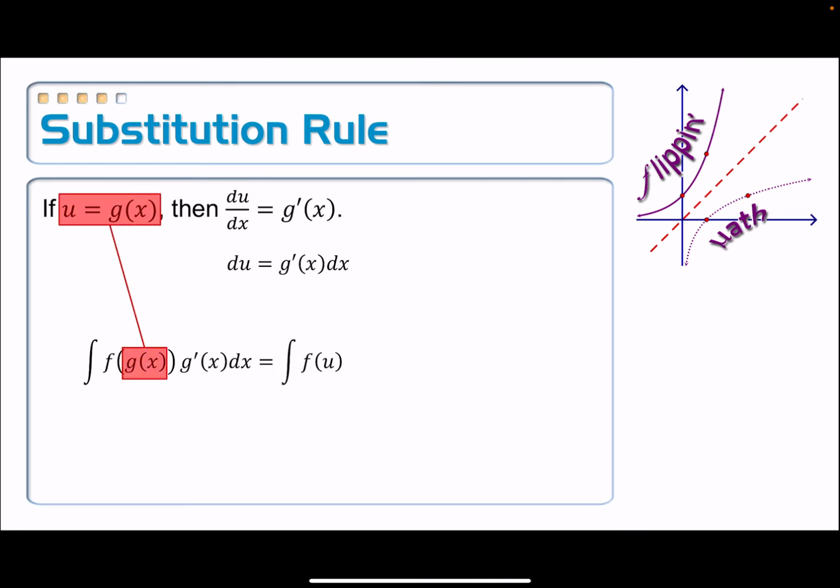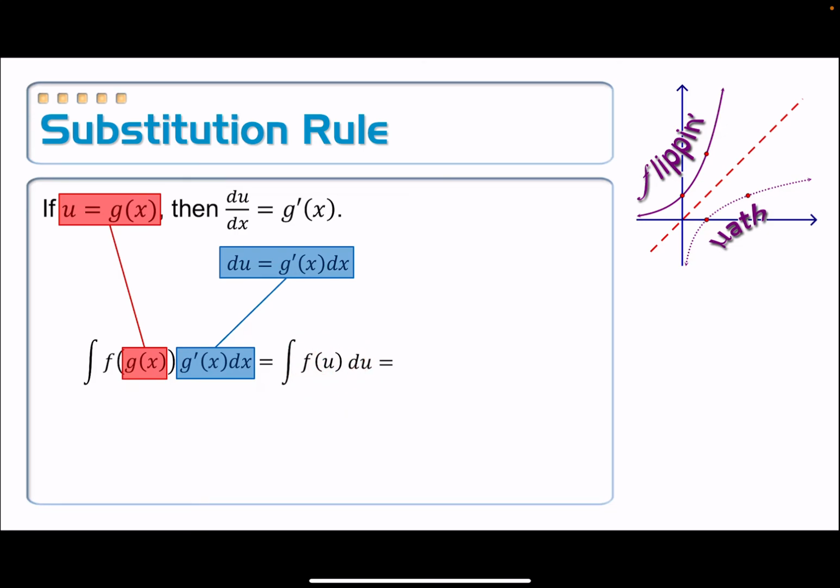It's just the antiderivative of f of u. All right, but I've got some more, right? I have this g prime of x dx. I'm going to take this out, and I'm going to replace it with, you guessed it, the du that's right here. And so it's going to look like the antiderivative of f of u du. And now this function right here is really easy to integrate.